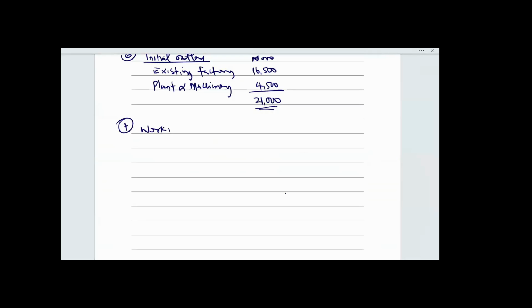Working capital for year 1, year 2, year 3, year 4, then total.